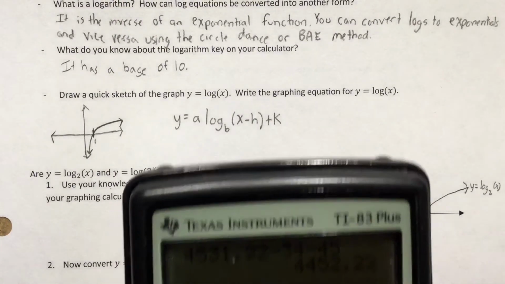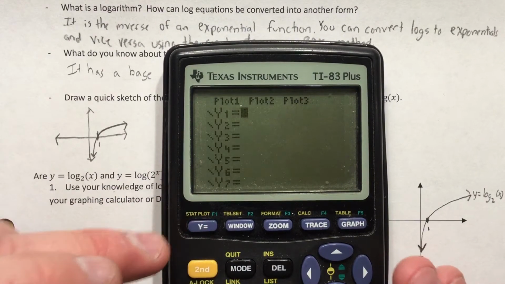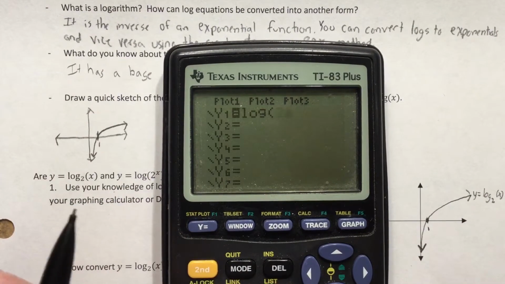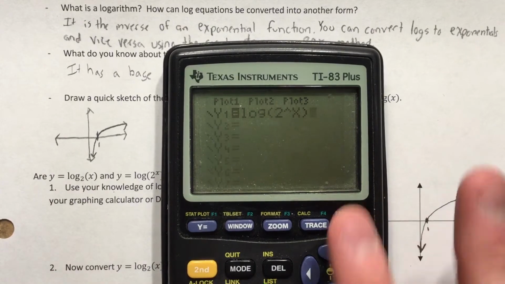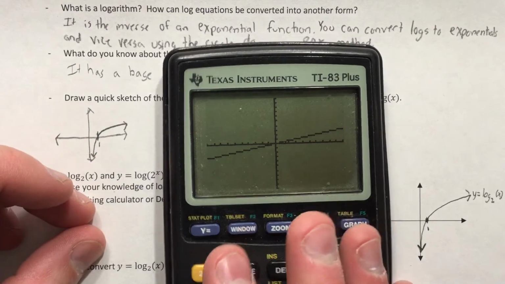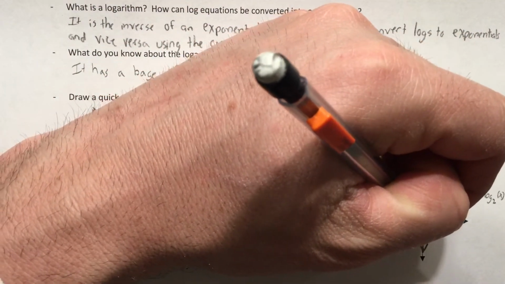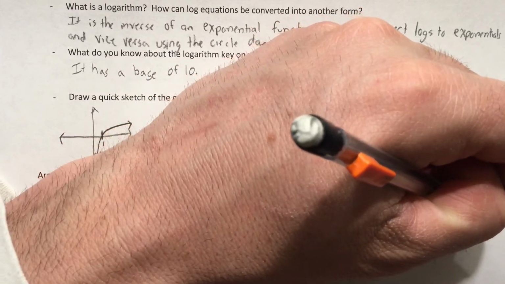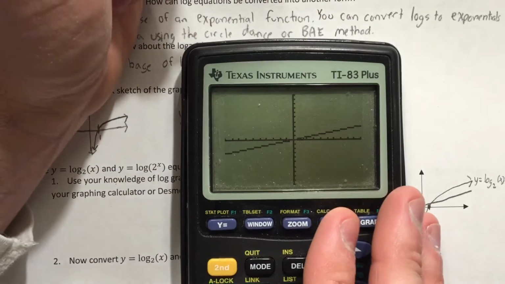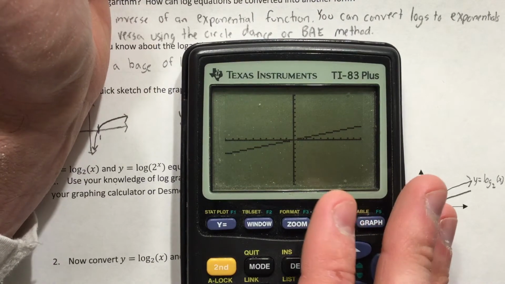And now I'll graph log of 2 to the x power. And when I graph that, I get a straight line. Again, it's not a steep slope. It's almost like rise 1 over 3 maybe.